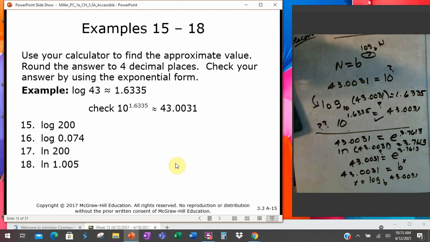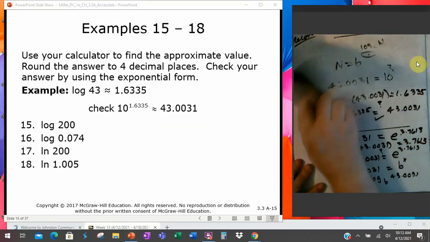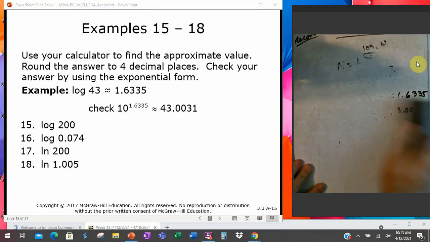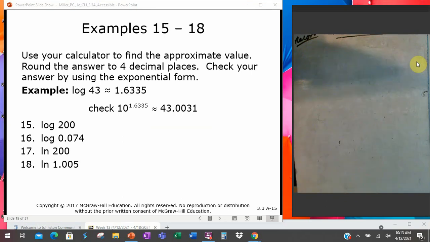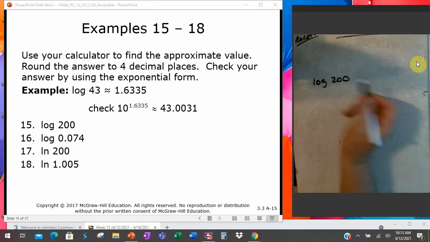All right, so let me go back through these on the calculator. You should be doing it at the same time. I'm going to bring out my 36 and I want to do log 200.